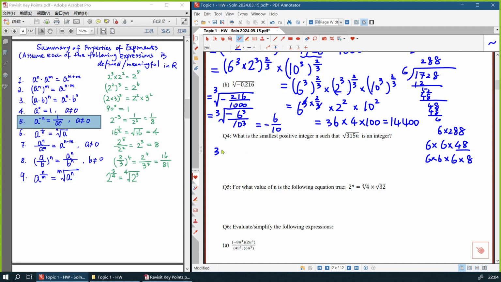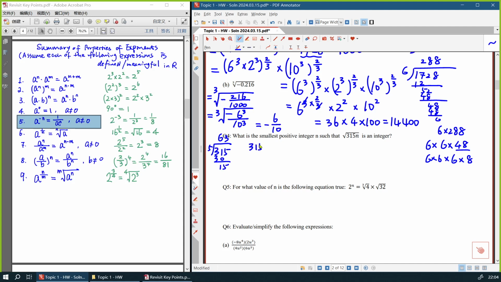So 315, apparently this number ends with 5, so it's divisible by 5. So let's use a 5 to test this number first. You can put a 6, then you can put a 3 here, right?